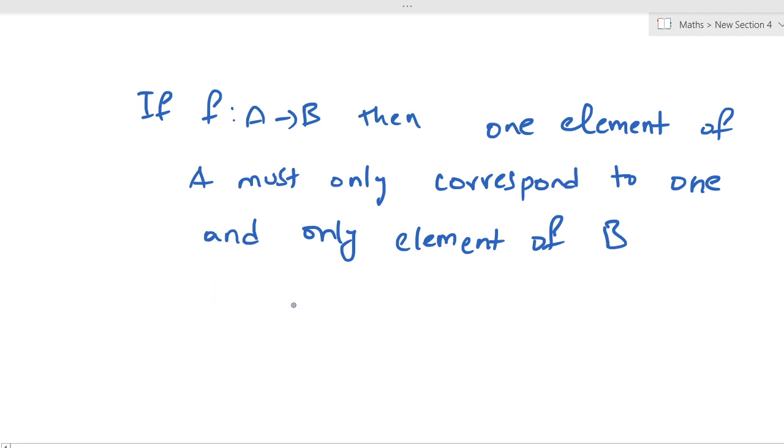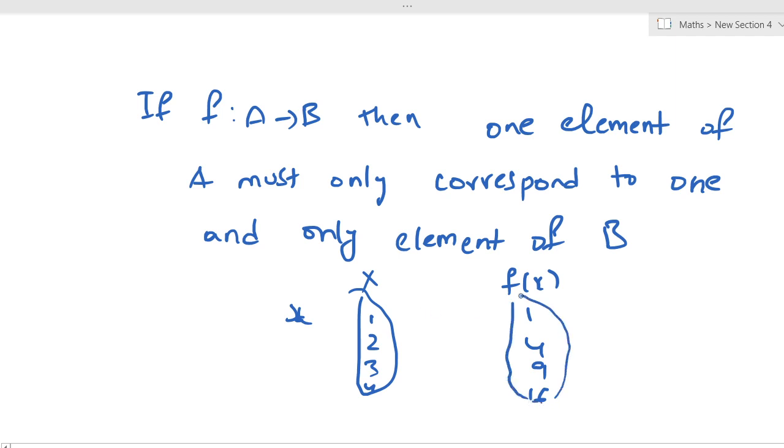So guys, we know x is 1, 2, 3, 4, and f of x, which is nothing but y, will be 1, 4, 9, 16. So one element of x must always correspond to one and only one element of f of x.